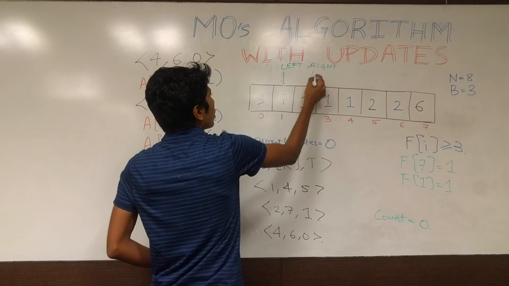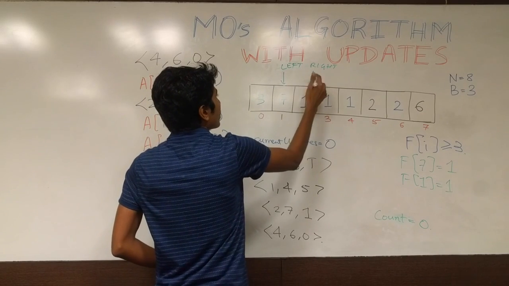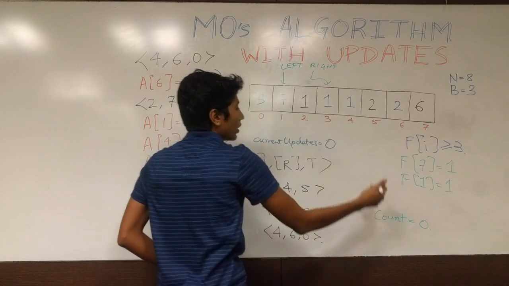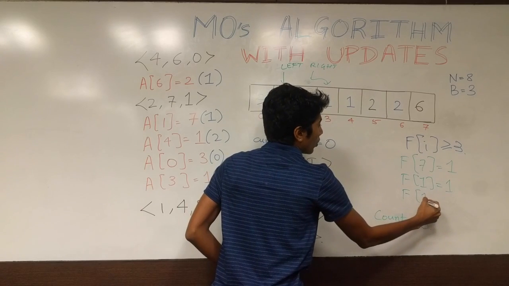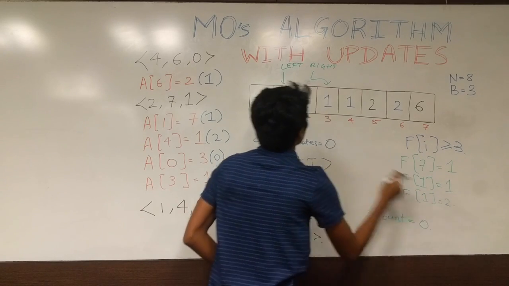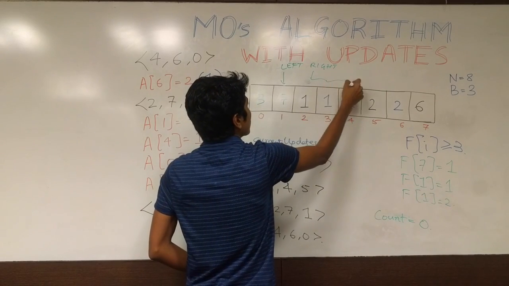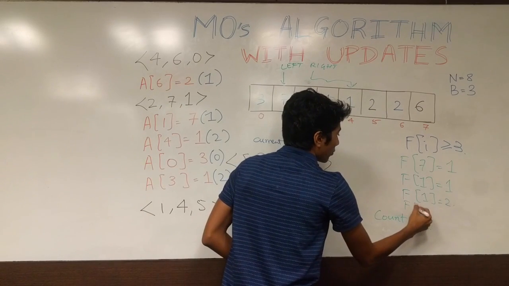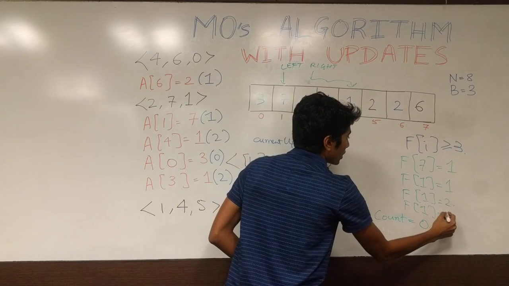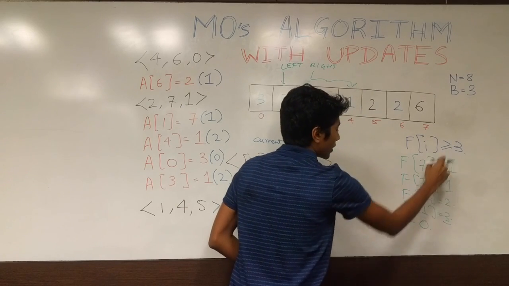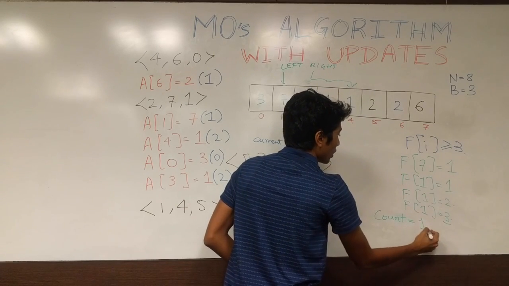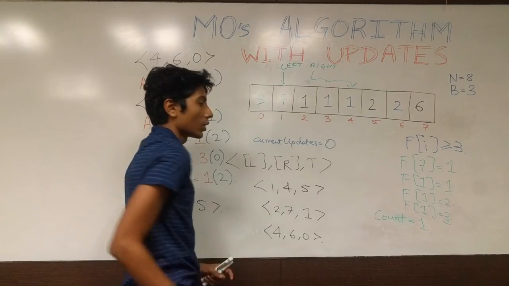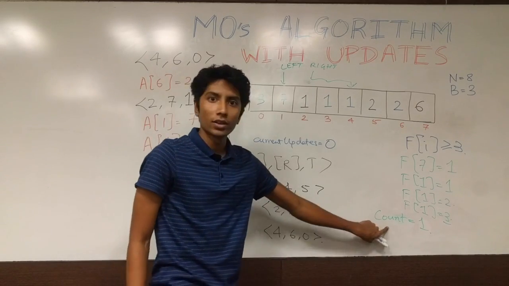Our right index is now pointing here. F of 1 is set to 2. Then it reaches the right index, so we are done. F of 1 is set to 3. That triggers this condition, and count is set to 1. So for this query, count is 1.